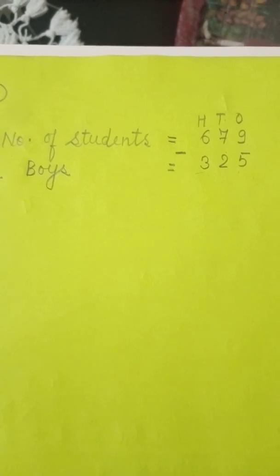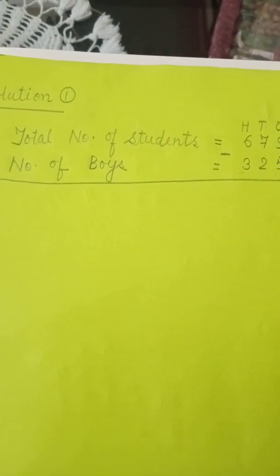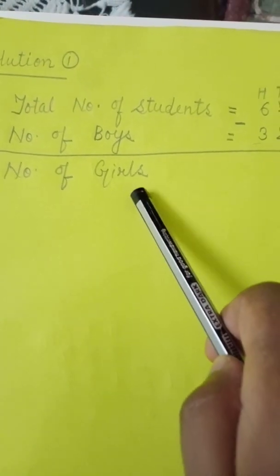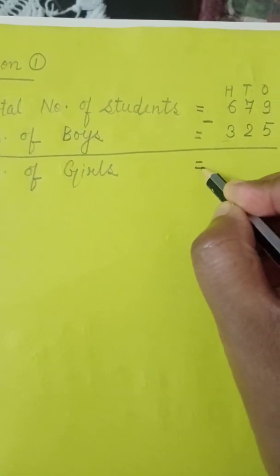Then children, you have to draw one straight line like this. Clear? Then what do you have to find? Number of girls. Then put the equal to sign one below the other.